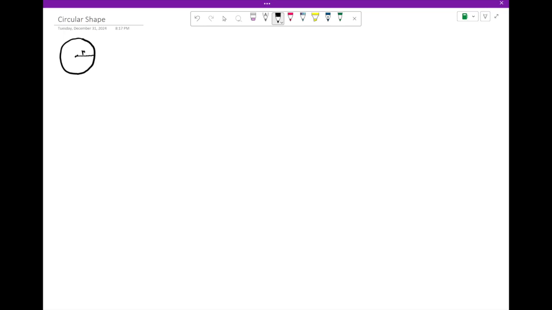To figure out the perimeter and also the area of this circular shape, we need to know one basic definition, which is called pi. And what does pi mean? Pi is basically the ratio between the perimeter of a circle and its diameter. The value of pi is 3.1415 and some more digits.